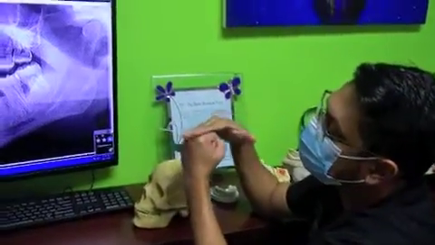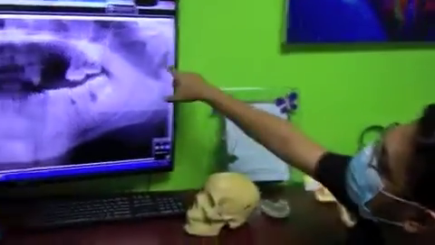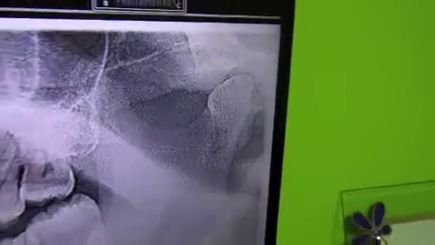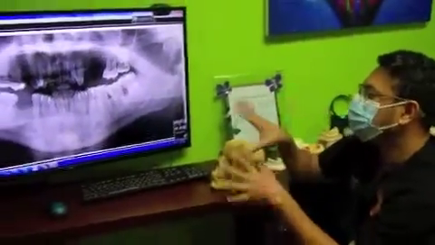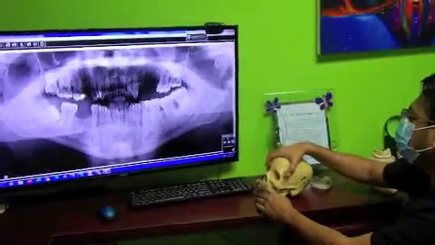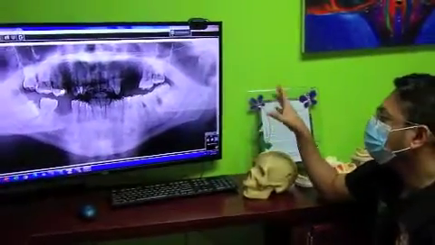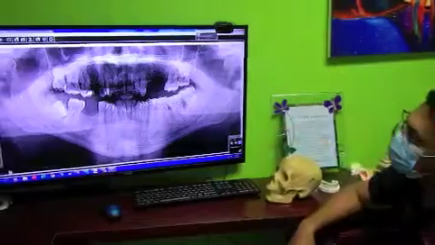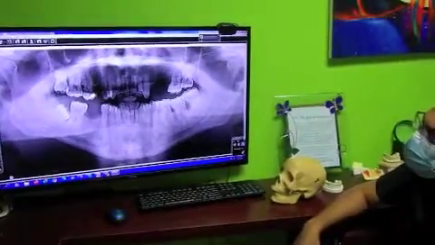And that causes what we call wear facets, which you can actually see here. A significant wear facet on the anterior of the head of the condyle of this joint. So it does paint a picture not just about a moment in time, but it gives a bit of a history about what has been happening overall in the patient's mouth over a protracted period of time.